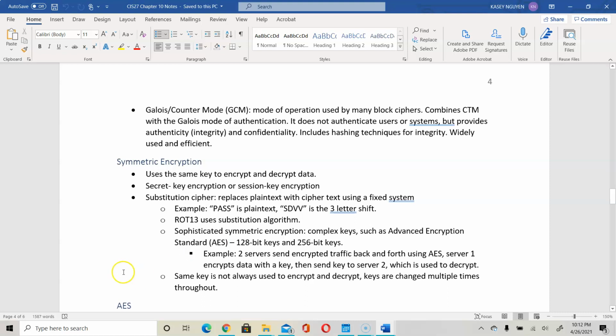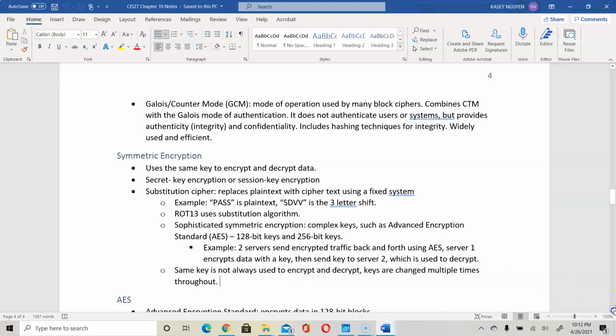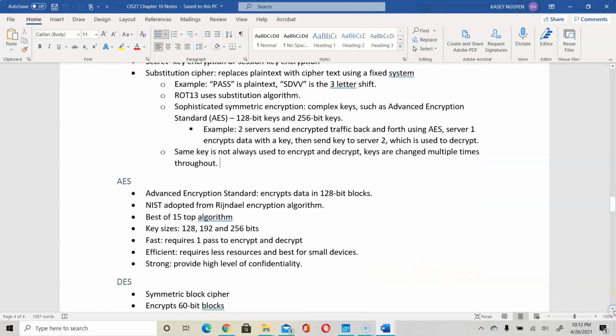But at the simplest level, we would see the key being sent from one system to the next in order to go from encryption to decryption. And AES, Advanced Encryption Standard, encrypts data in 128-bit blocks. It is a block-based cipher.